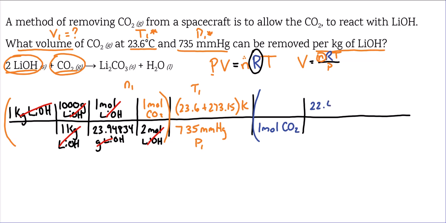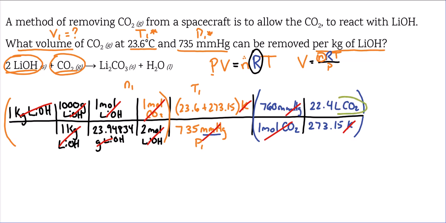Again, for every 1 mole of any gas under ideal conditions, we would get 22.4 liters of space occupied at STP. Standard temperature is 273.15 Kelvin, and the standard pressure is 1 atmosphere or equivalent. We're going to make it 760 millimeters of mercury because that's the equivalent to 1 atmosphere.